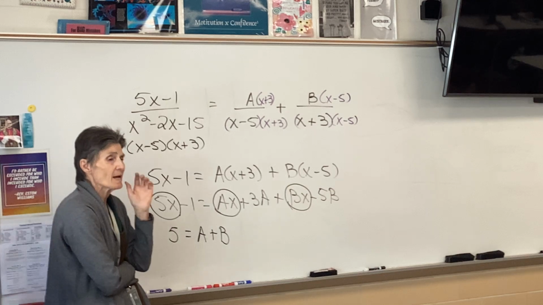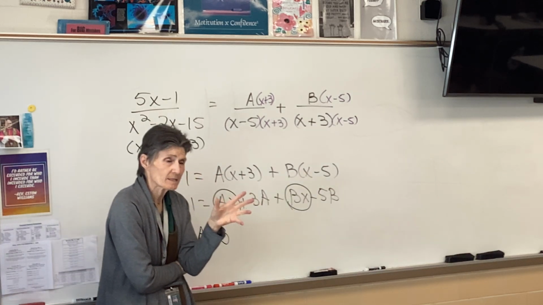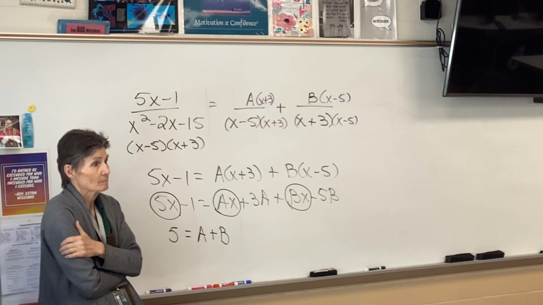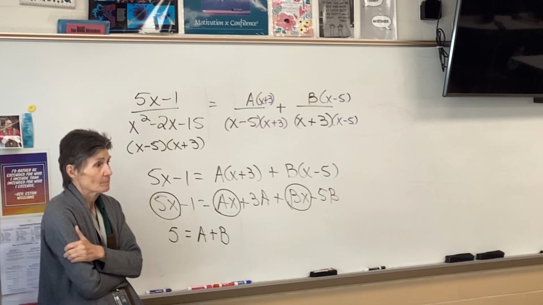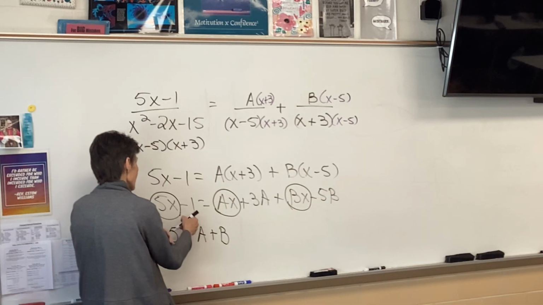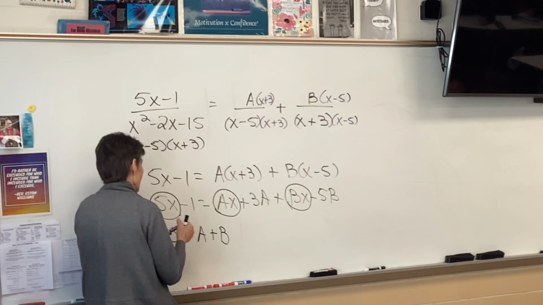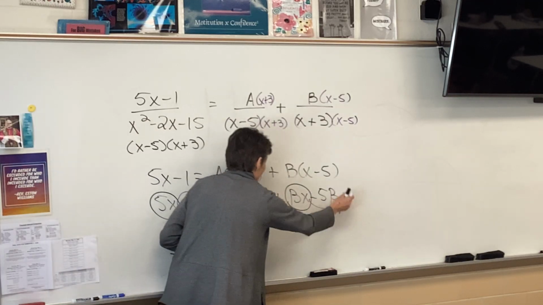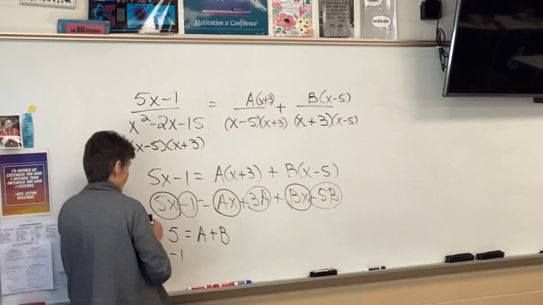Because don't the x's on the right have to be equal to the x's on the left? And then what about the negative 1? What's the negative 1 going to equal? 3a minus 5b, that's exactly right.